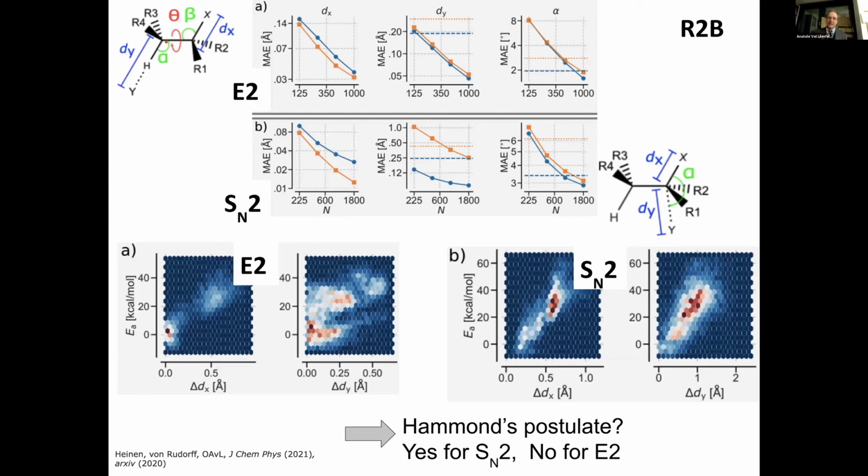Basically it indicates that Hammond does not apply. The reason we believe that this is so is that you have much more freedom here for Y to attack, while the alpha angle here in green is much more floppy than what you would have for the alpha angle in this case.